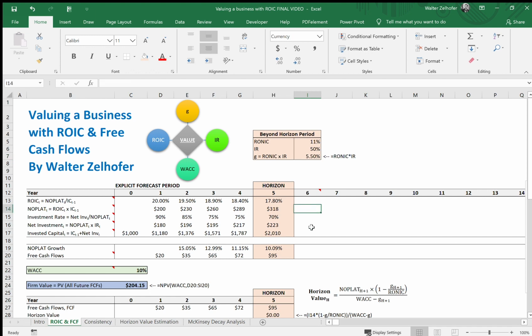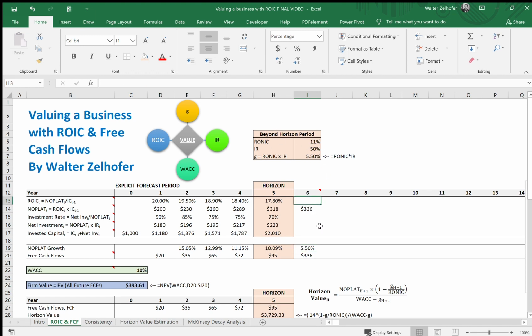So what that means is our operating profits after tax are going to be growing by this growth rate right there, okay? Now, as you can see here, I'm calculating these percent changes, and now that's 5.5%, which matches the 5.5% for everything beyond the forecasted period.